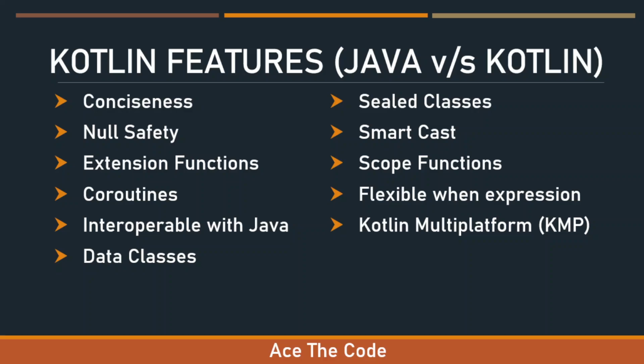In Kotlin, we don't even need a semicolon at the end of the statement. In Kotlin, we don't even have to define a data type of our variable, and based on the value we assign, it will consider the data type. Likewise, there are many features which make this language a concise language. That is, we have to write less amount of code.